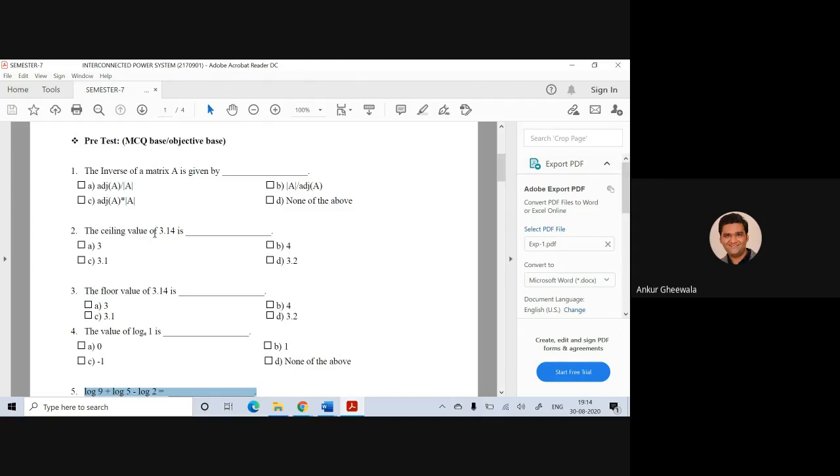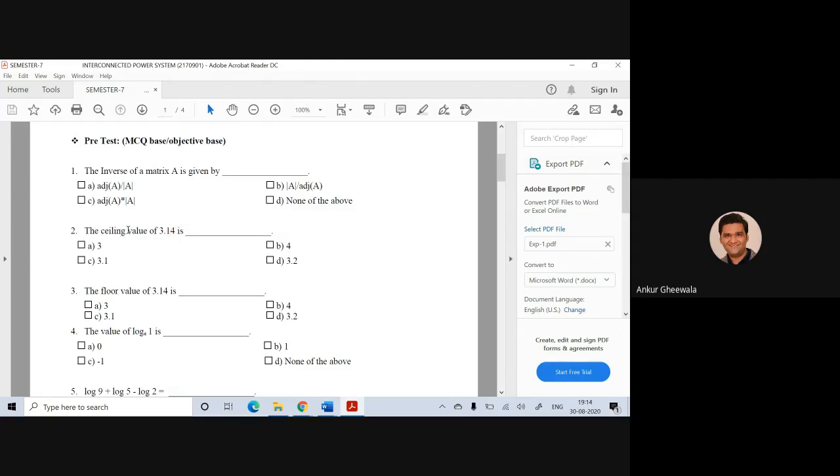There is a concept of ceiling value and floor value in mathematics. If I want to find the ceiling value and floor value of 3.14, first you have to see which numbers the given number lies between. So 3.14 lies between 3 and 4.